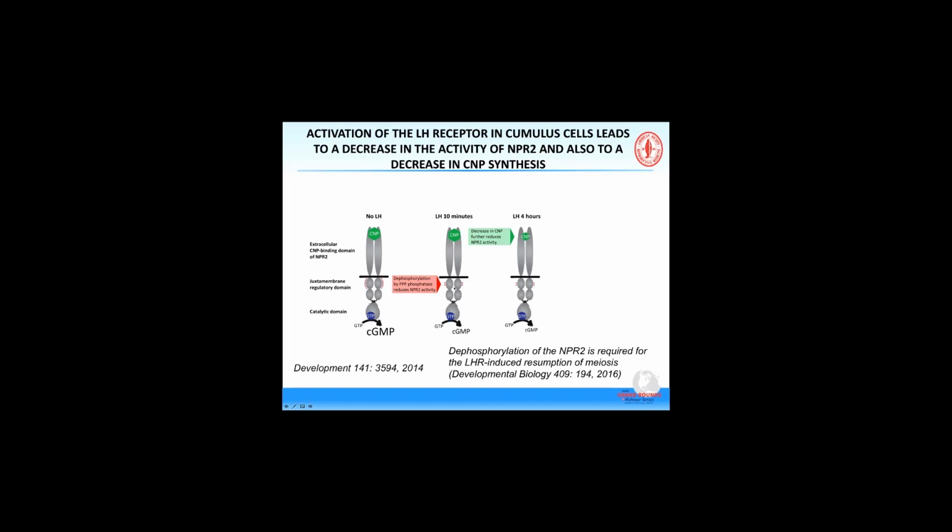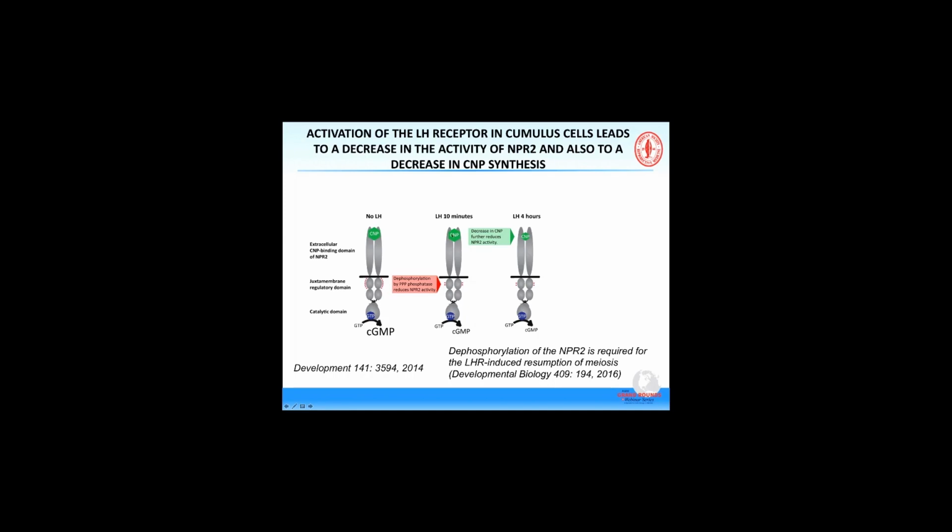The NPR2 receptor is present in the mural granulosa cells. And when LH activates the LH receptor, one of the important consequences of that is an activation of a phosphatase activity, leading to a dephosphorylation of these sites and then a decrease in the ability of the NPR2 receptor to make cyclic GMP. So you go from making a lot to making less cyclic GMP.